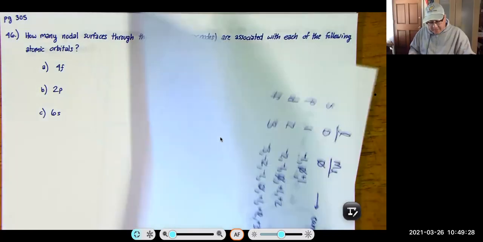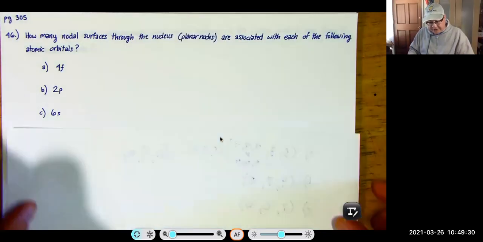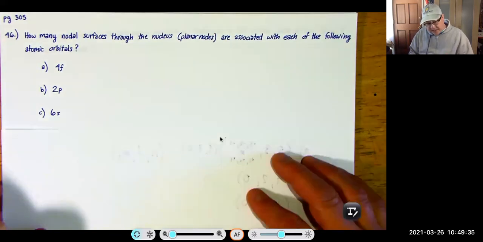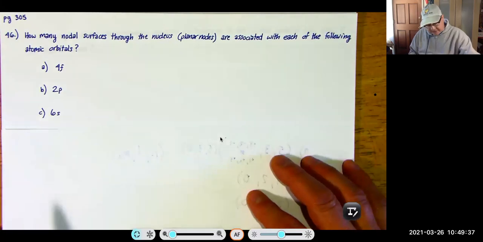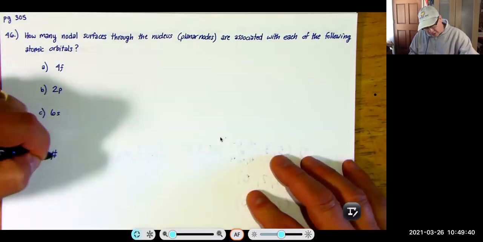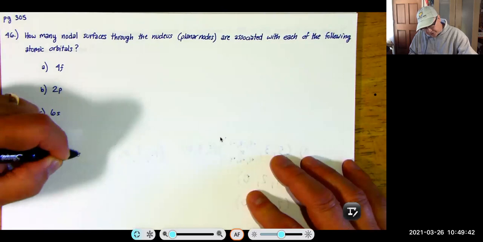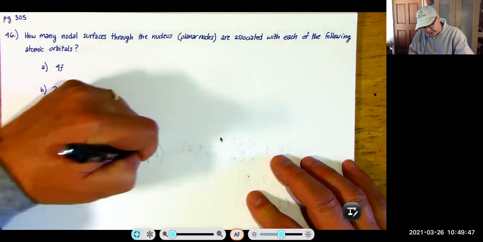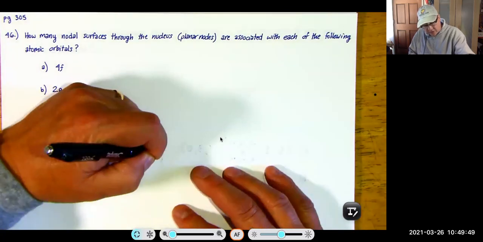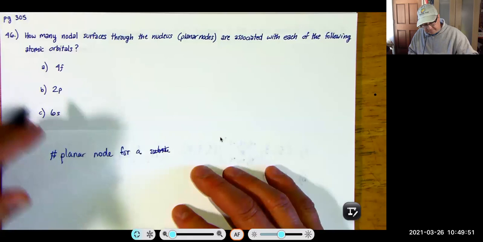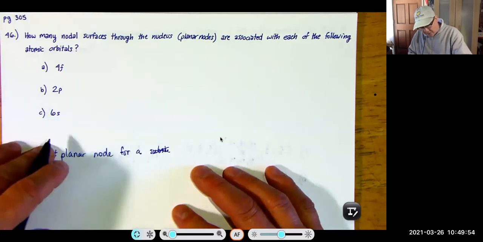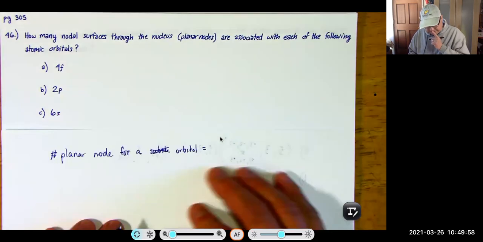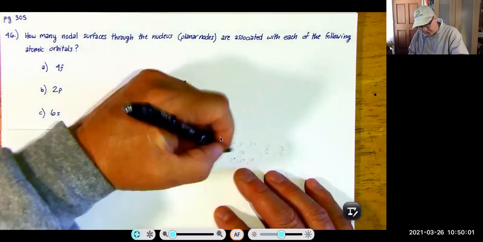Okay. How many nodal surfaces through the nucleus, planar nodes, are associated with each of the following? This is something that I don't really care if you know, but the number of planar nodes for a subshell or for an orbital is equal to L minus 1.